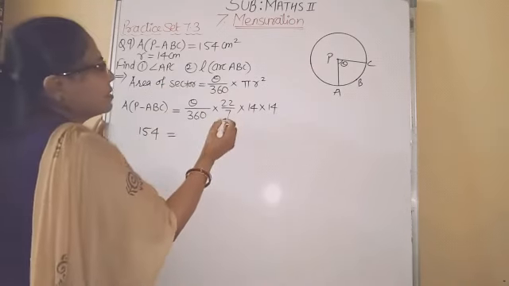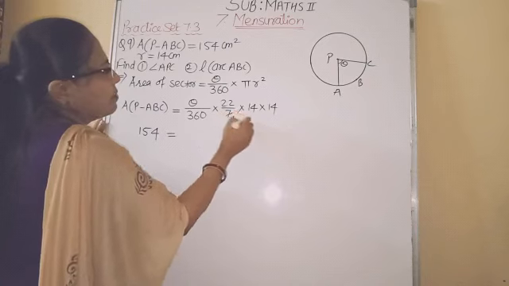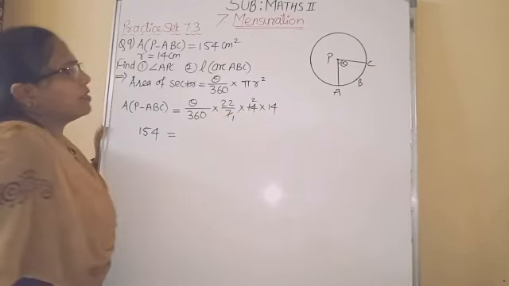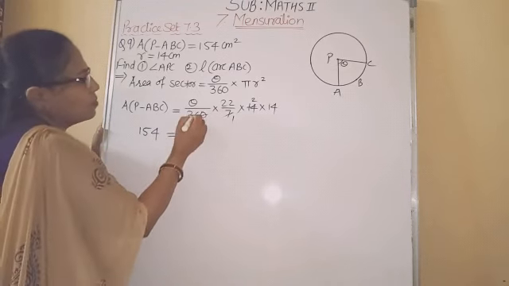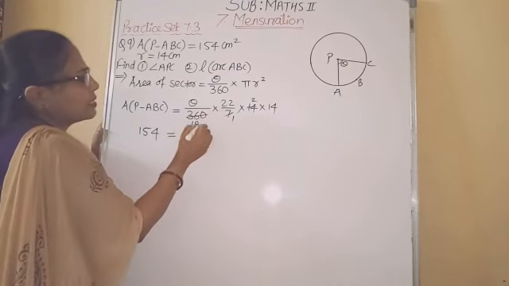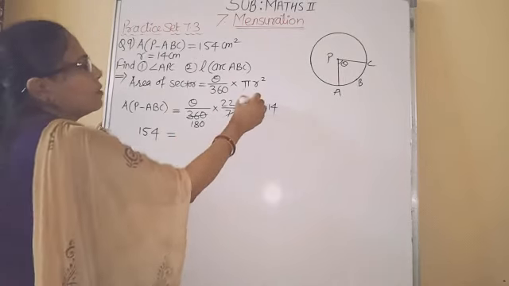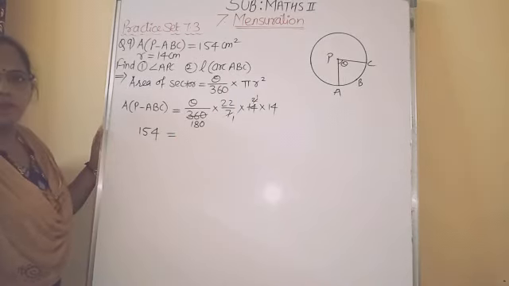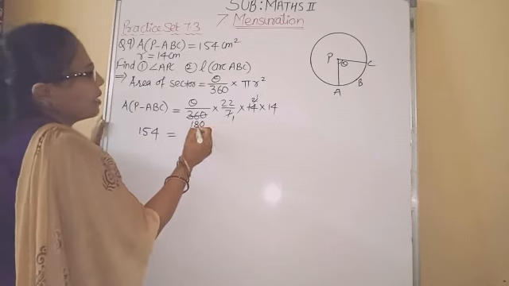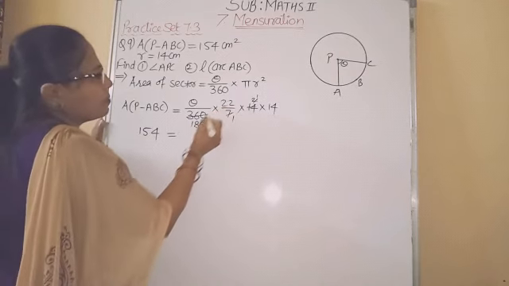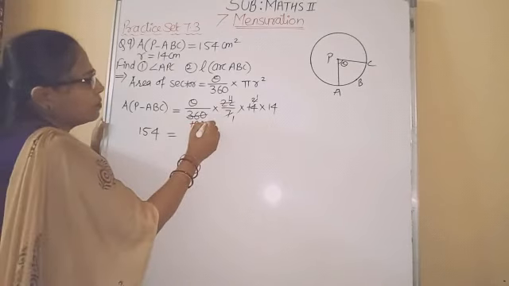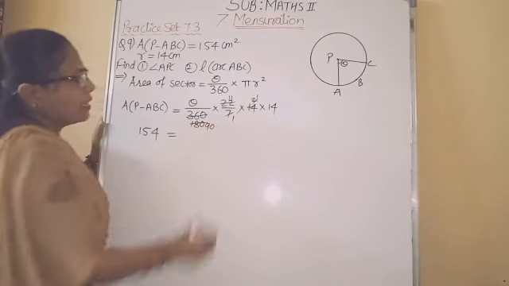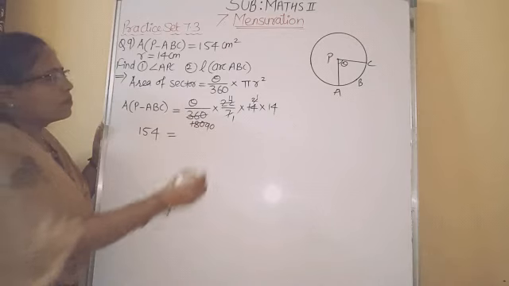Now here we will simplify. 7 1s are 7, 7 2s are 14. 2 1s are 2, 2 8s are 16, 0, 2 1s are 2. Then again this 180 and 22 divisible by 2. 2 11s are 22, 2 9s are 18 and 0.